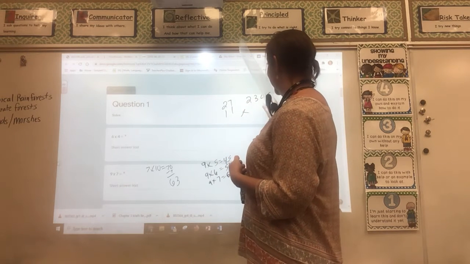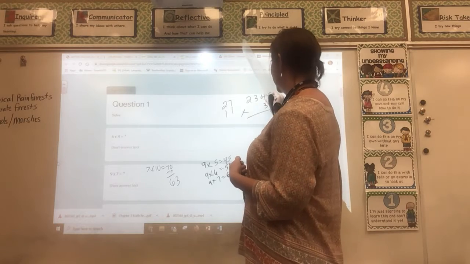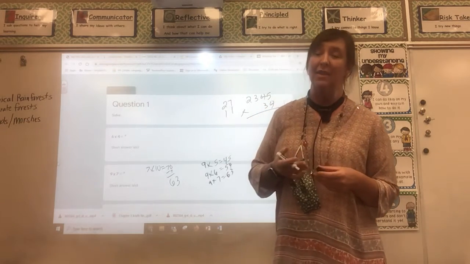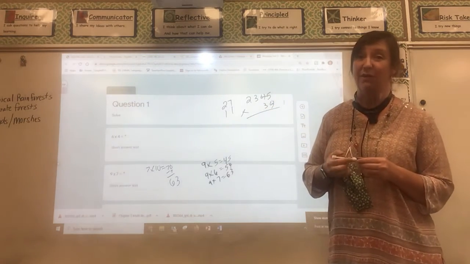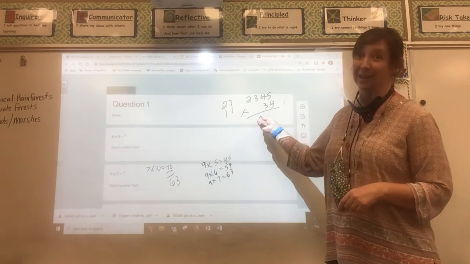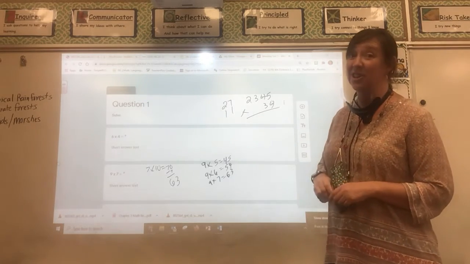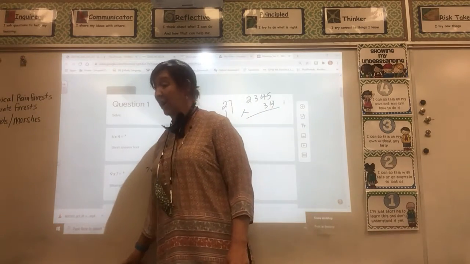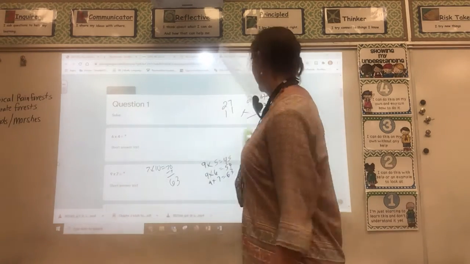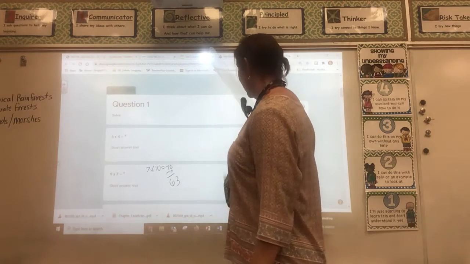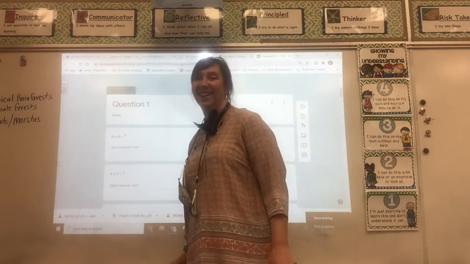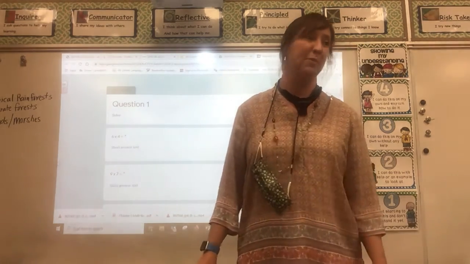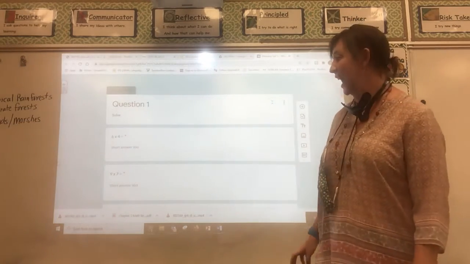That's why it's so important that you know your multiplication tables in 4th grade, because this is where we're going. And you can do it, but you have to know your basic facts. So you don't have a choice whether you go there or not, because we're all going there. So basic facts are super important. So we have to master them.